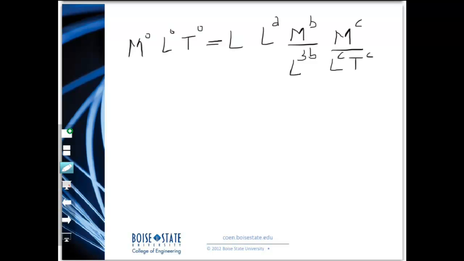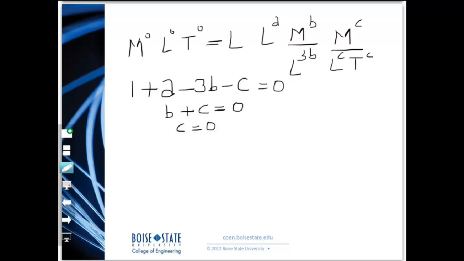So that would mean, by inspection, if you look for L, you have 1 plus A minus 3B minus C. Since C is in the denominator, if you take it up, the power would change. It should be equal to 0. Similarly, I can find the equations for the other two dimensions, M and T. Then at this point you go ahead and solve for these 3 unknowns in the problem.